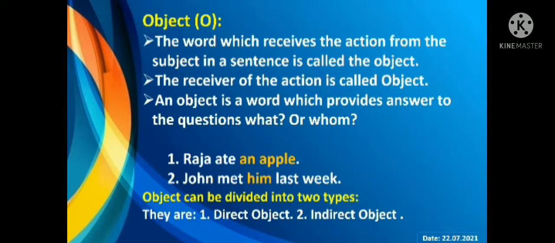John met him last week. Here John met him. If there are living or non-living things, that is also called the object. Whom did John meet? Him is the object.